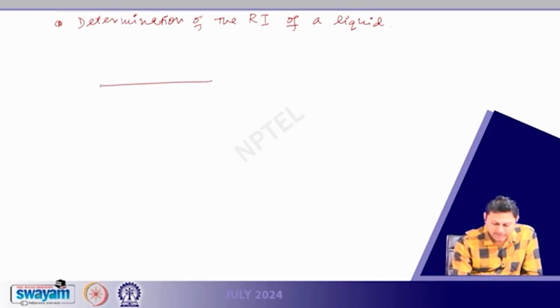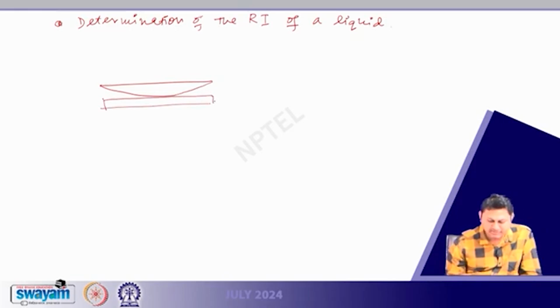In one case we have the conventional setup, where this planar convex lens is placed on a glass block, and this quantity is air having refractive index Na.